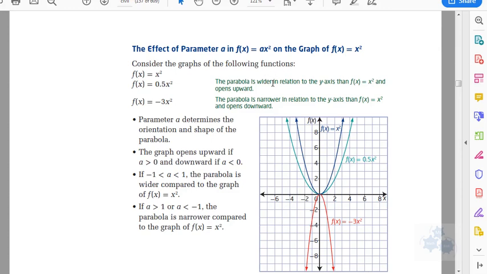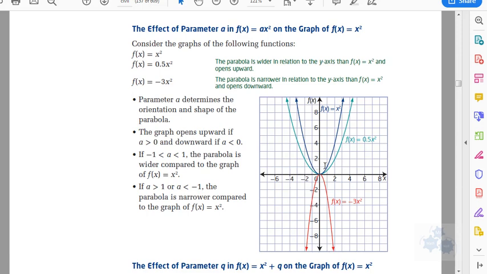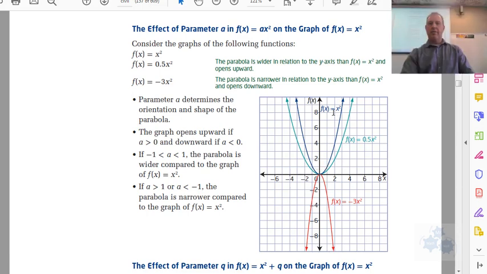Okay, so on page 146 here, this is the effect of a, and you can see a few graphs all in the same coordinate plane. f of x equals x squared is the blue one. If you have an a value between 0 and 1, then it's a little bit wider. If you have an a value that's negative, it opens down. And if that a value is greater than 1, then it's narrow.